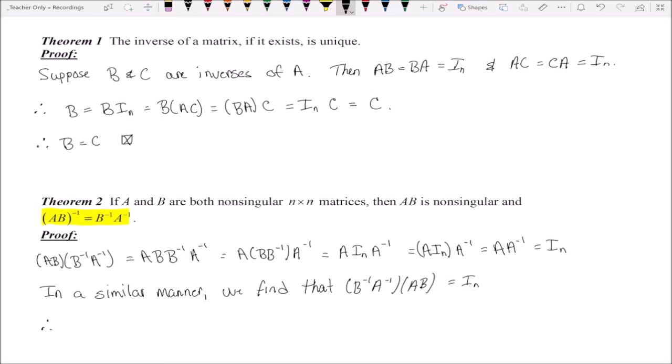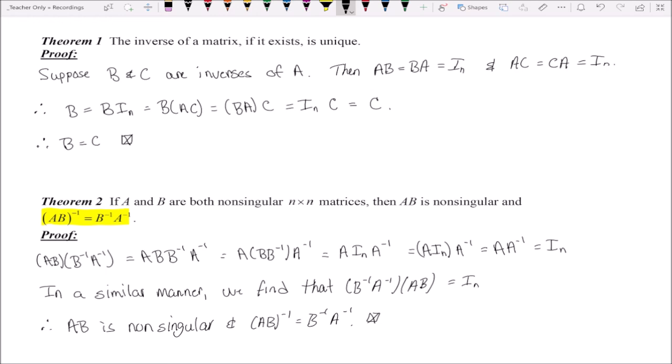Therefore, we've just shown that A times B has an inverse, so it is non-singular. And that inverse is B inverse times A inverse.